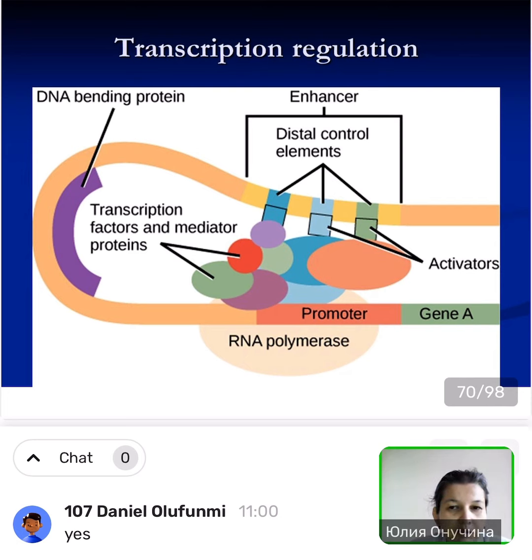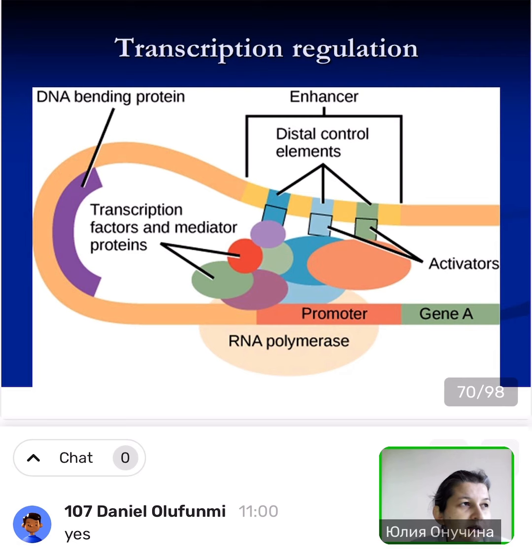The first level, transcriptional level. The first must be initiation, you remember, yes? Connection of RNA polymerase with the promoter. For this, we need very difficult processes. They are complex. We need transcriptional factors.